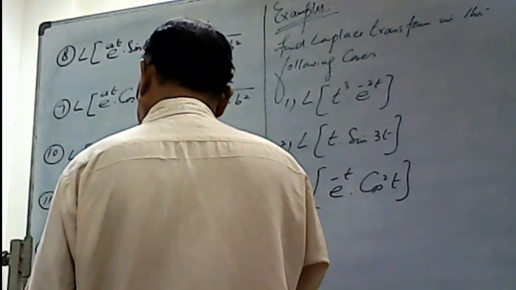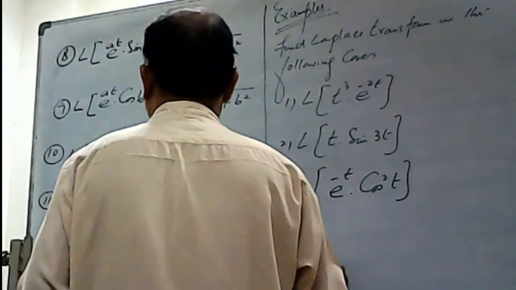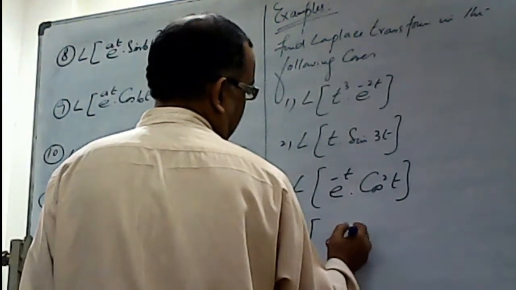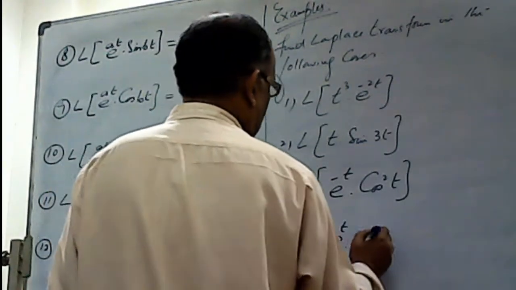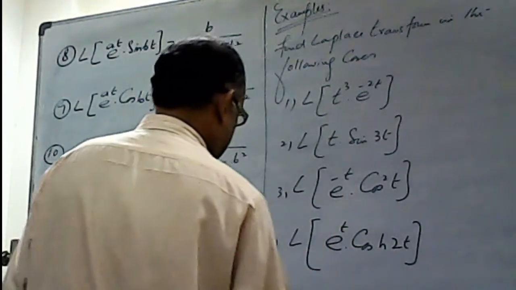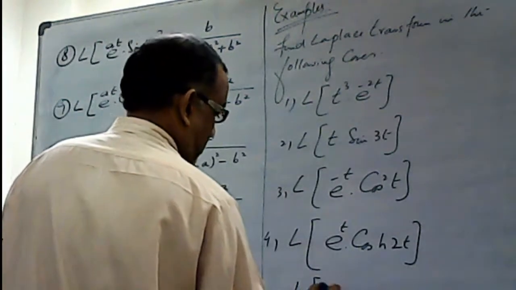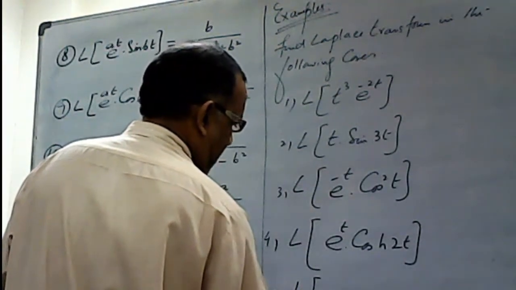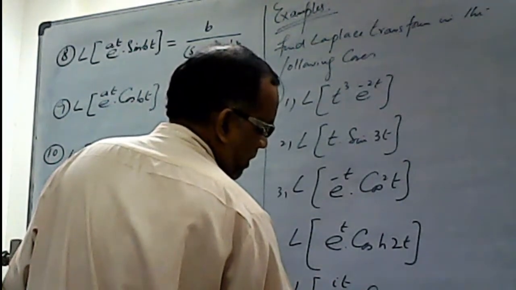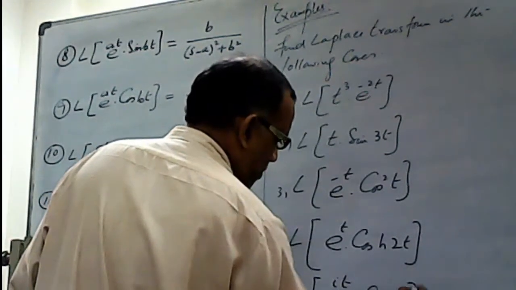Number 4, Laplace of e power t into cos hyperbolic 2t. Number 5, Laplace of e power iota t into sine hyperbolic t by 2.